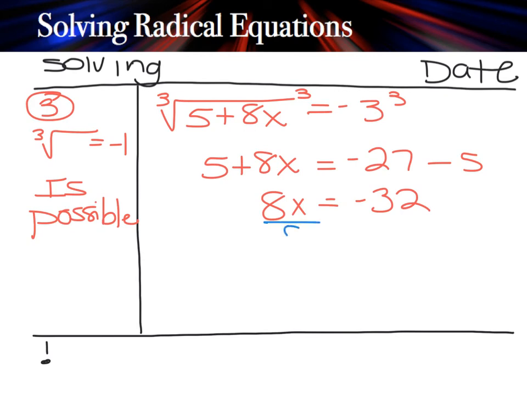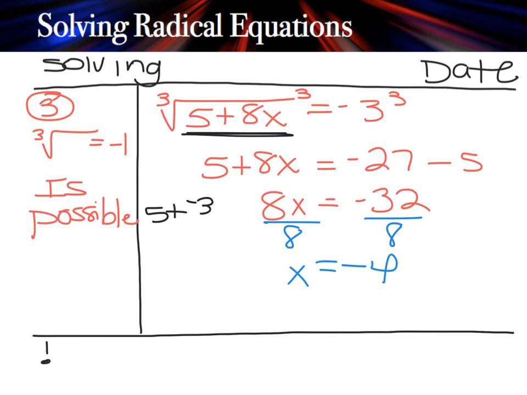So if I divide by 8, I get x equals -4. Okay, so if I try putting -4 into the original equation right here, I'm going to have 5 plus a -32, which is actually the cube root of -27.